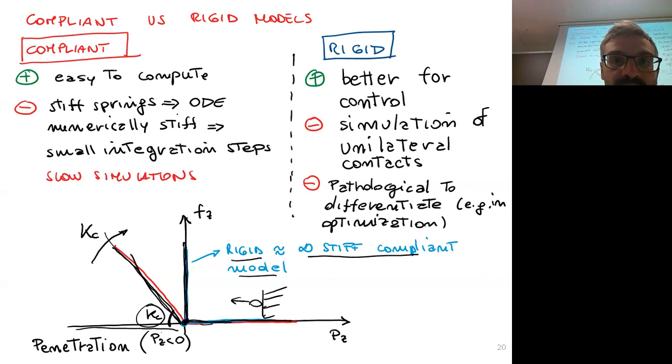But the rigid contact assumption is also nasty because it's not differentiable at this point. It's not smooth. So whenever you want to compute a gradient, you get a discontinuity in this point, and optimization methods that are based on the computation of the gradient have problems to work. So you need to do some approximation, smooth approximation of this behavior.